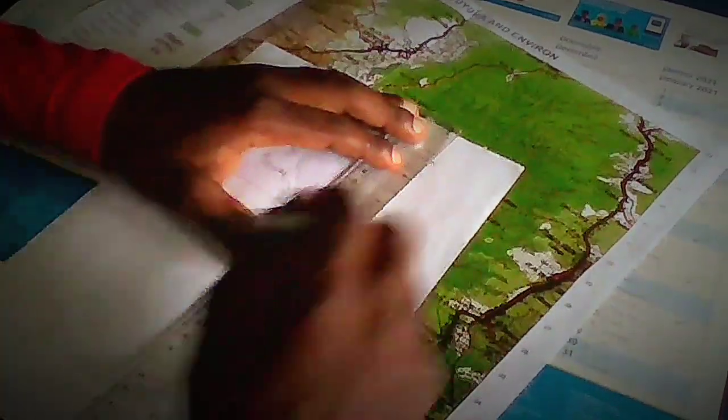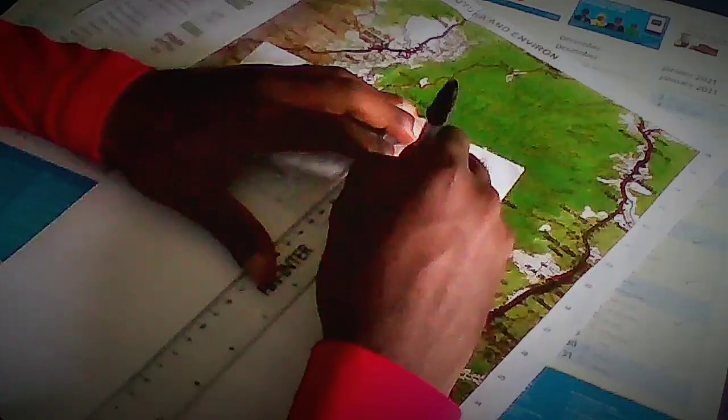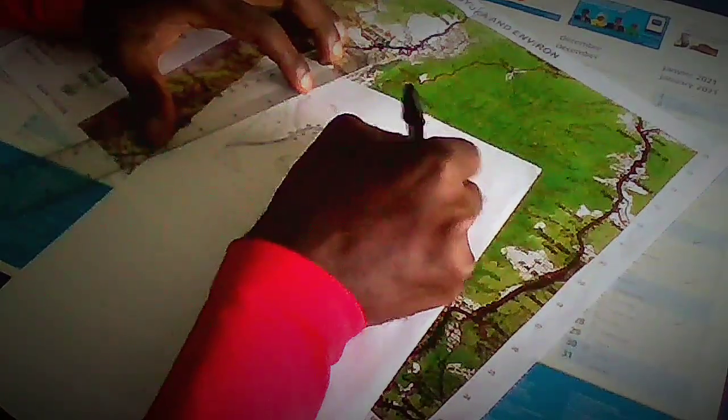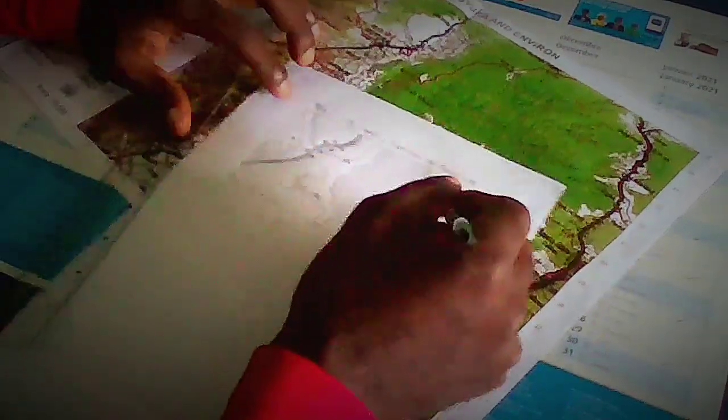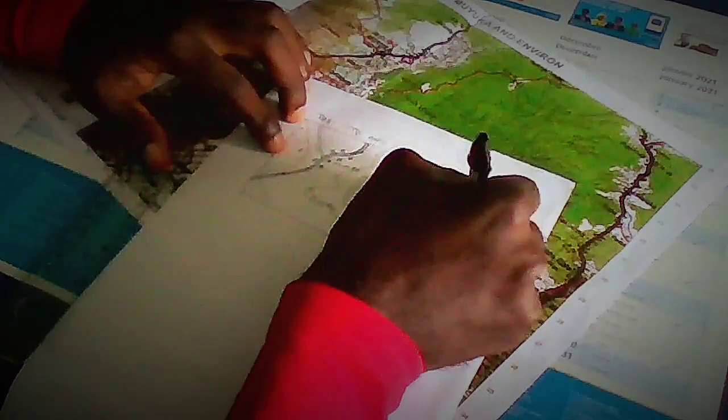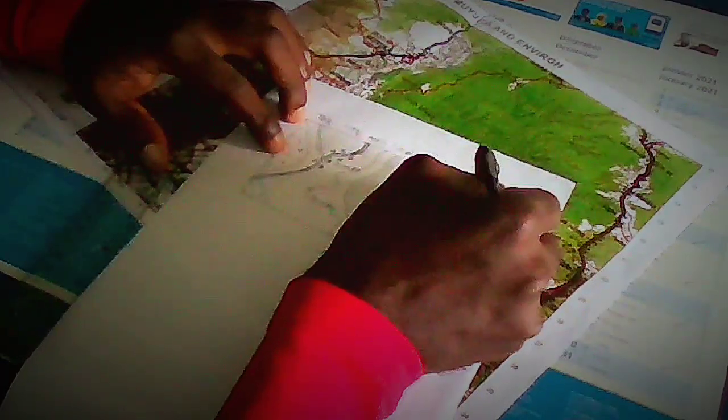Always draw with a ruler. It makes your work neat. So the first one I have here, this is a highland region.